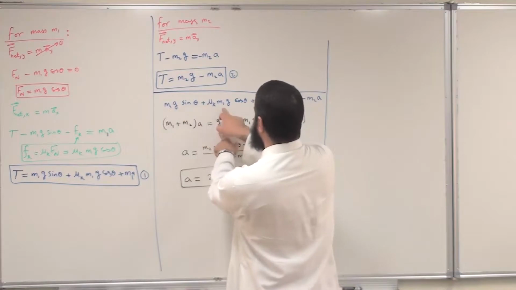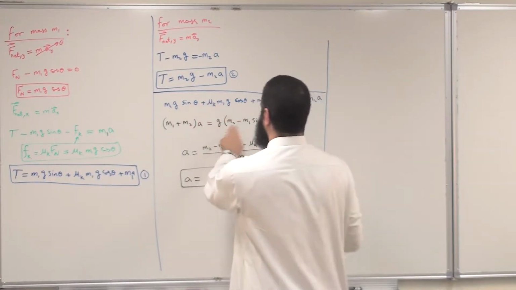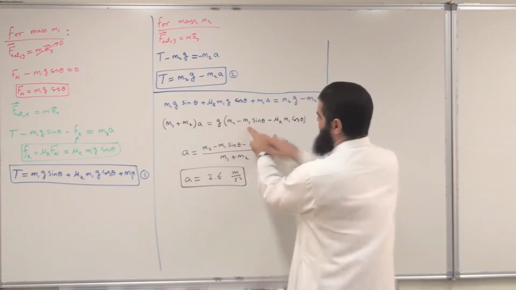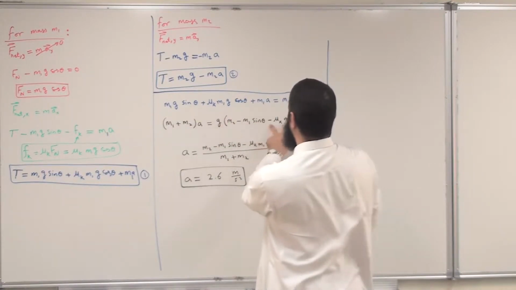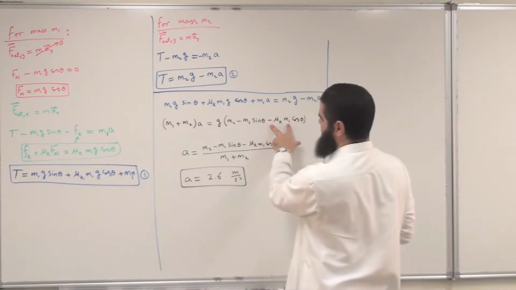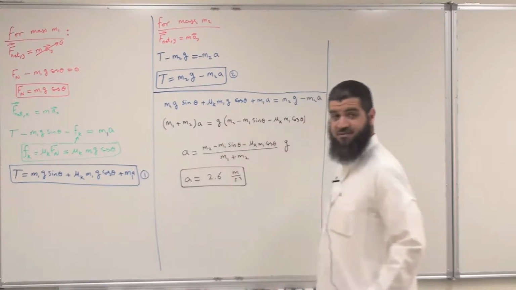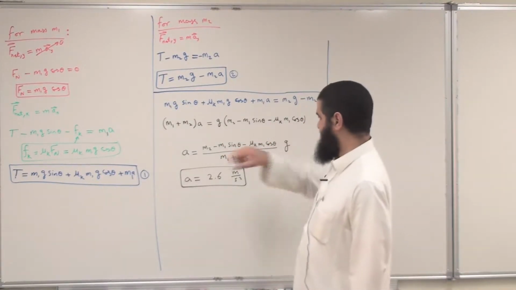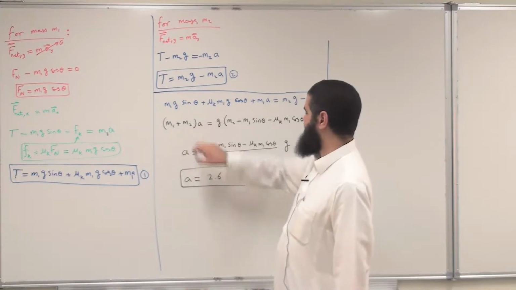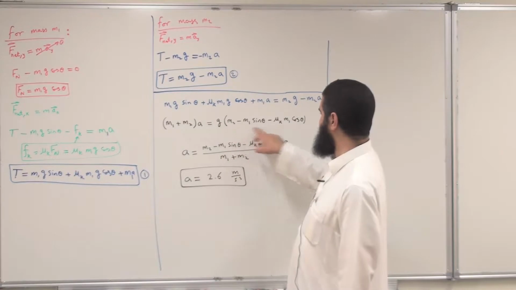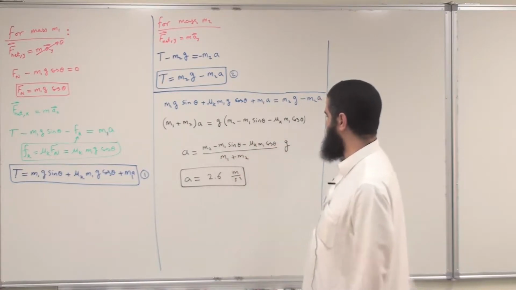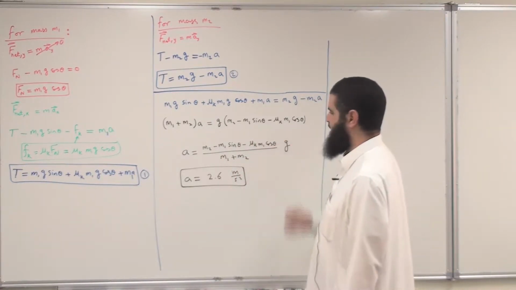Then I bring these two terms to the other side, so it will be minus m1 g sine theta minus mu k m1 g cosine theta. I take g as a common factor. Then dividing both sides by m1 plus m2, I am left with acceleration equals this much divided by m1 plus m2, all multiplied by g.